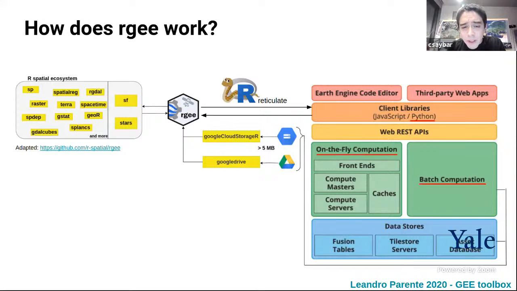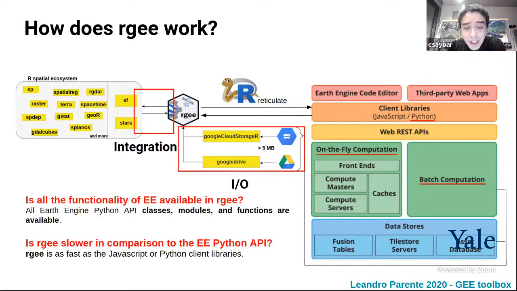So maybe you are asking yourself why rGEE took so long to develop. The answer to this question is that we worked several months to better integrate the server objects, the server classes and models that Google Earth Engine offers us. We integrated this with the R spatial ecosystem.